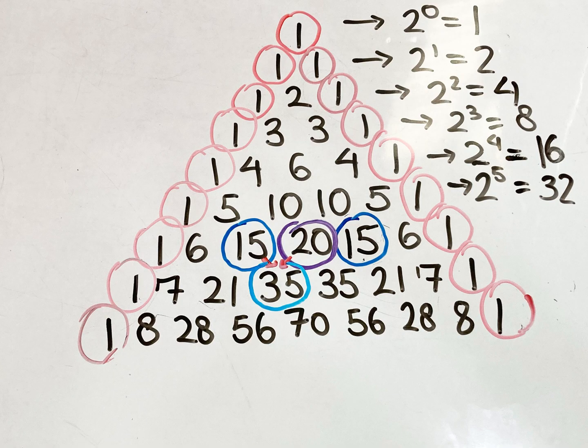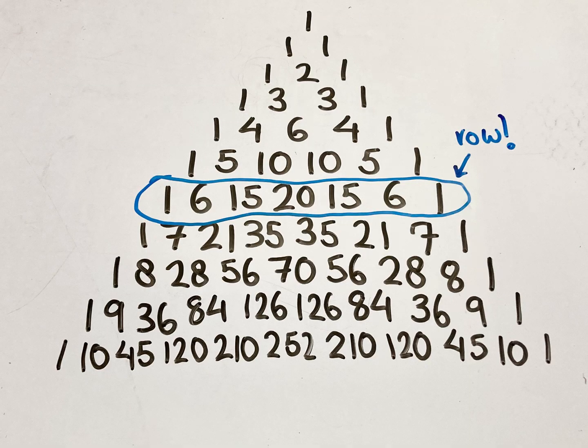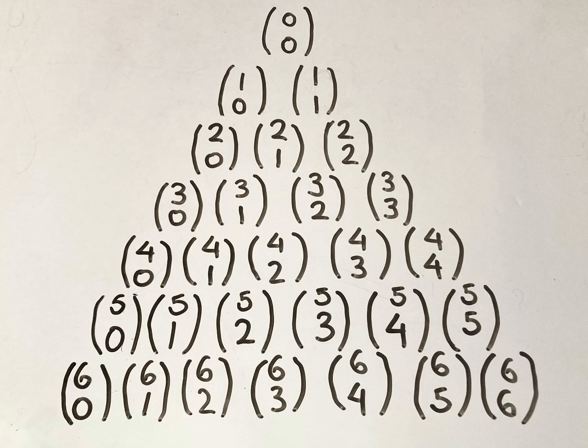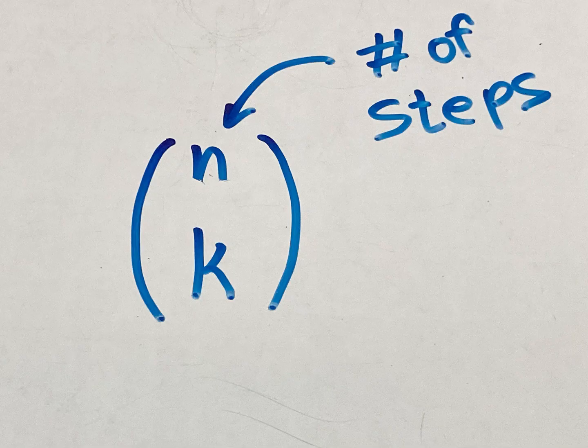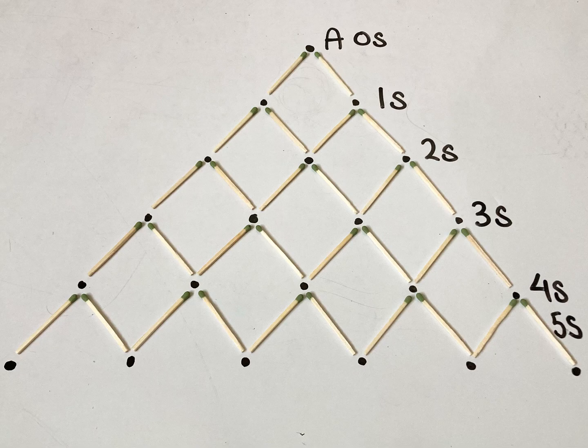The last observation we saw was the sum of the rows adding to a power of 2. So let's try and calculate the number of ways to get to one row. One thing we saw when relating points to combinations is that every number on one row has the same number on the top. Now we remember that the number on the top states how many steps we would need to take to get to that point, and every point on that row requires the same number of steps.